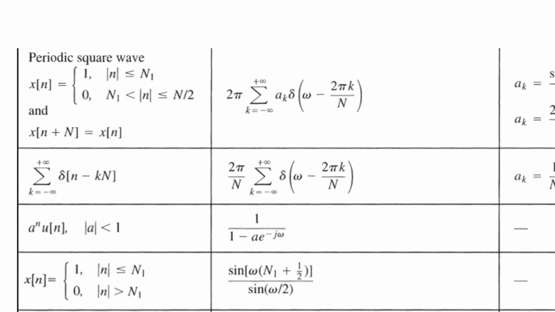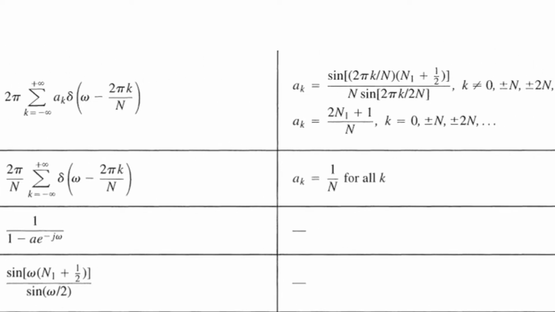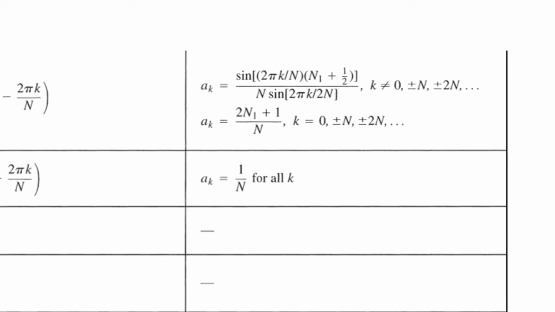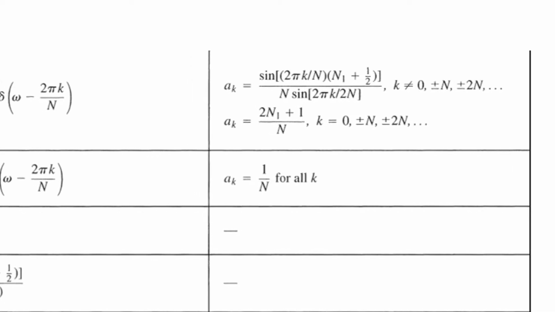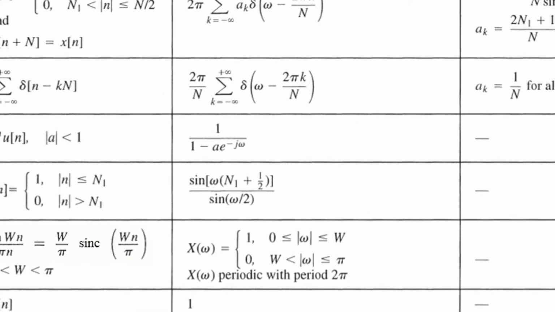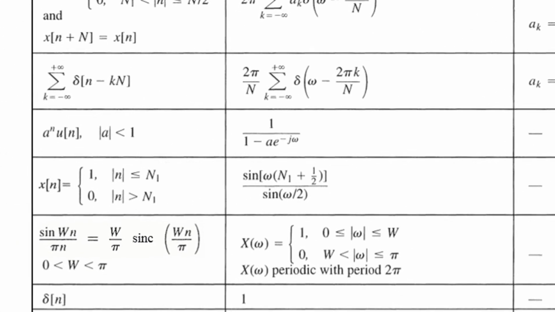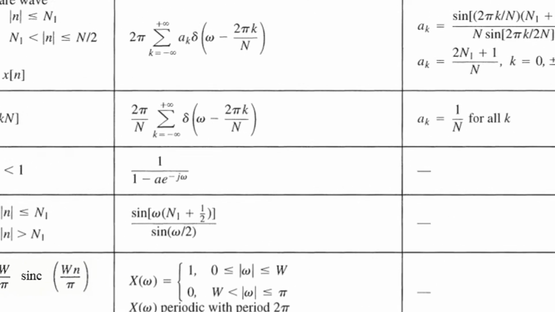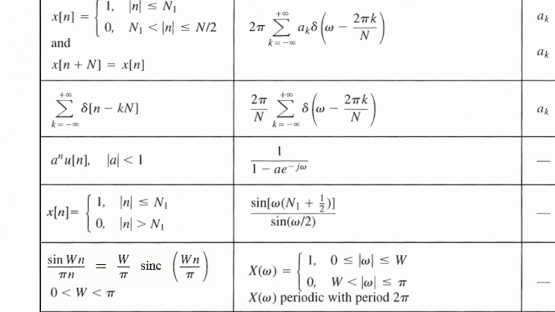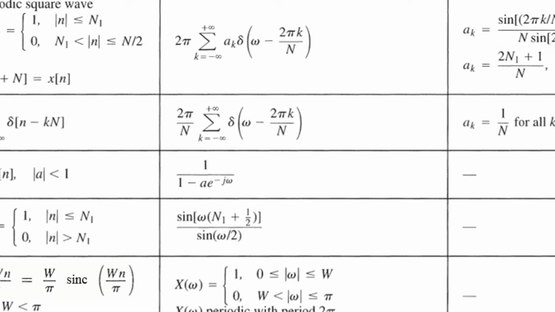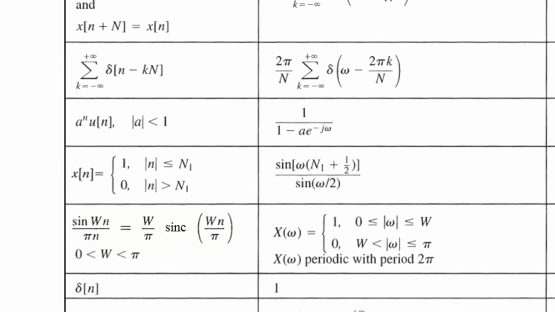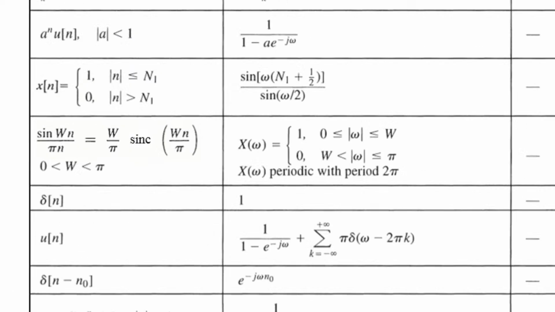Then you have this delta train, and this a_k will look like not quite a sinc function, but something really similar: it's sine over sine, with higher frequency on the top. And finally you have this impulse train, where this one is finite height and this one is infinite height.